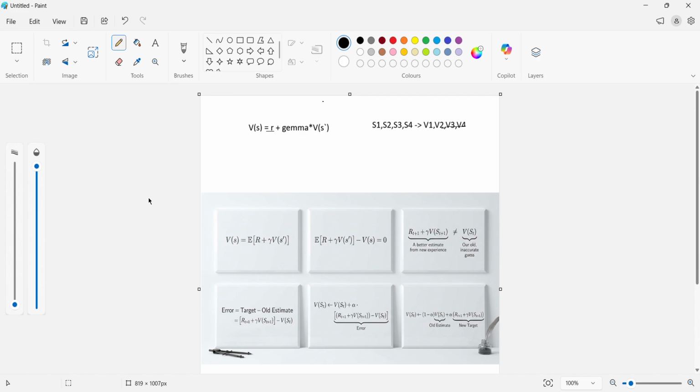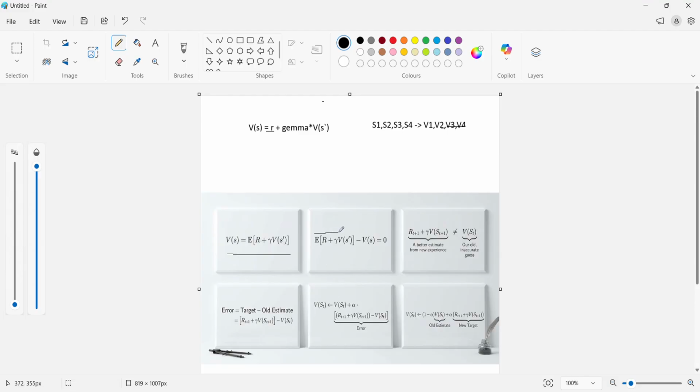So let me start with the very equation that we are familiar with. This is the standard Bellman equation when we are trying to find the value of a state. We randomly initialized a value v of s for the state s, and now we need to update it.